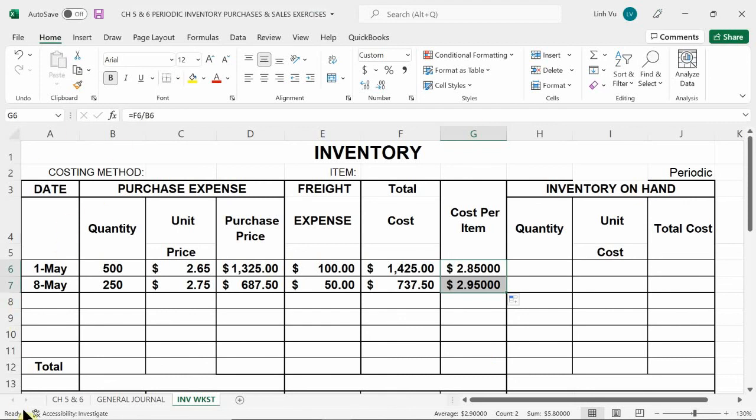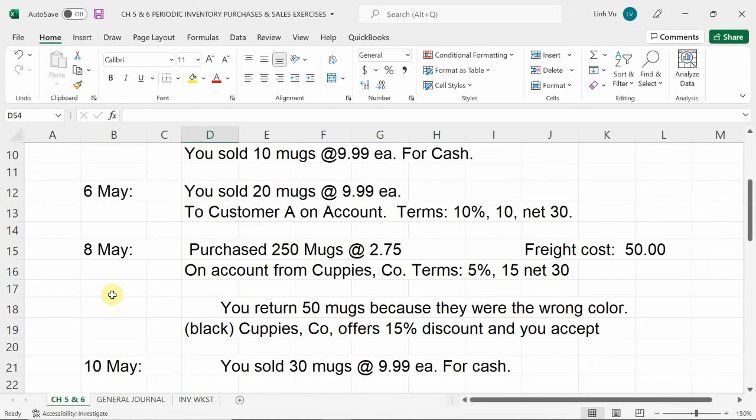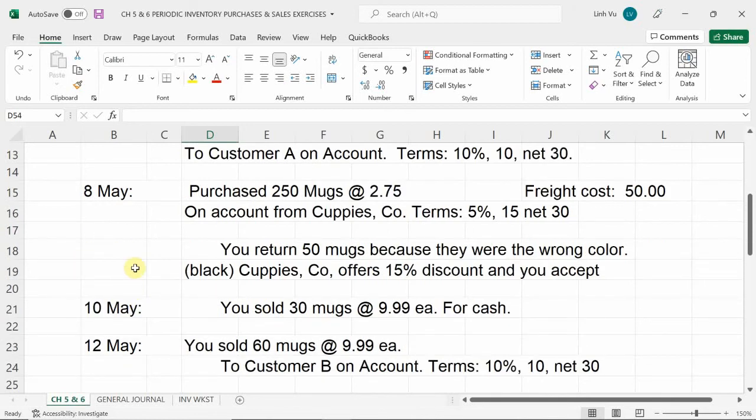So then let's see what has happened next. Okay. That very same day, you open up all your boxes and you find that 50 of those mugs were the wrong color. They end up being black mugs, right? And you tell them, hey, you sent me the wrong cups. I ordered brown mugs, but you sent me black mugs instead.